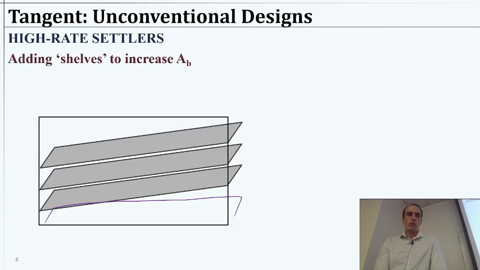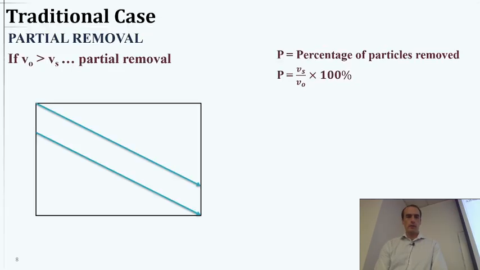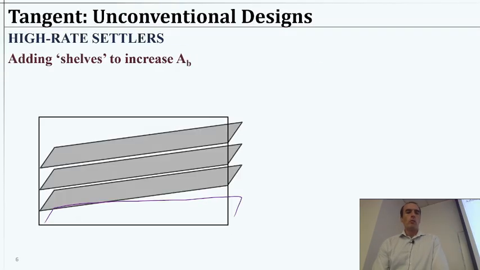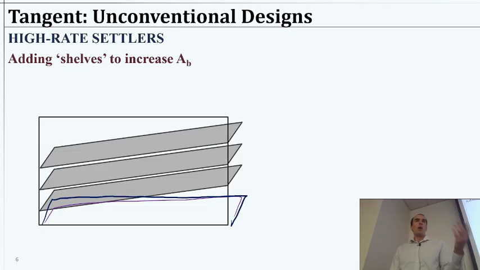All right, so one clever thing we can do before I get to the percentages, so let me just double check that I have that. Yeah, okay. So one clever thing we could do to increase our settling rate is actually to increase our surface area. So if we imagine, looks like I left my little bit of a note from last time, if we imagine we have our sedimentation basin, let's say a rectangular one, one way we could increase the surface area is simply add shelves.